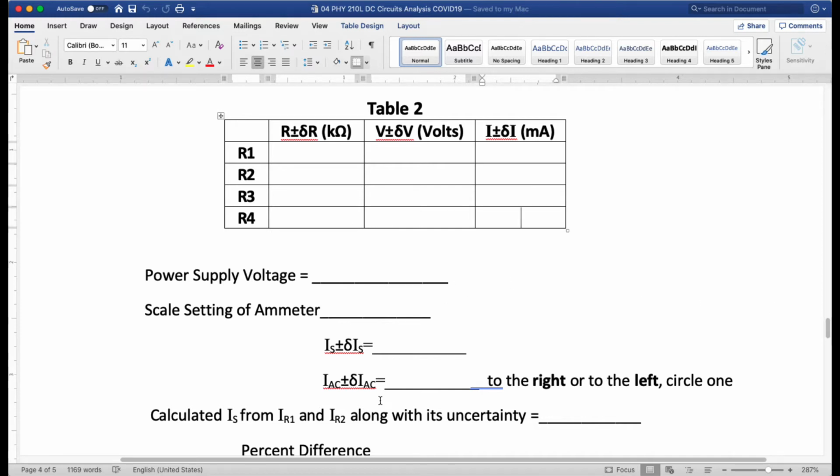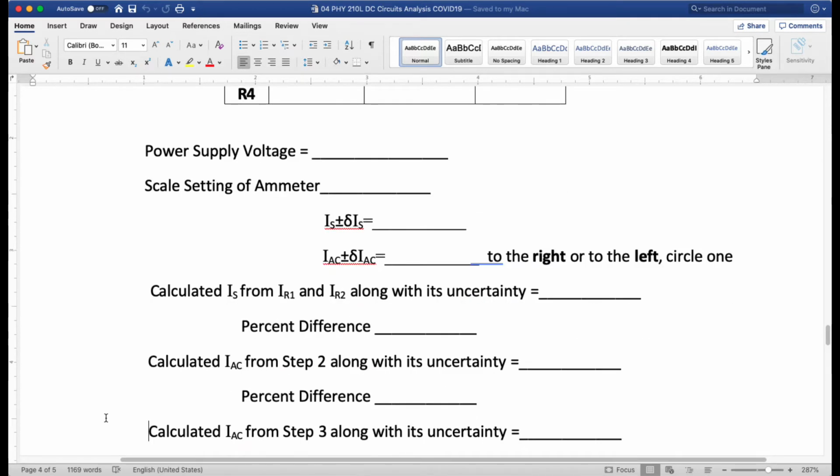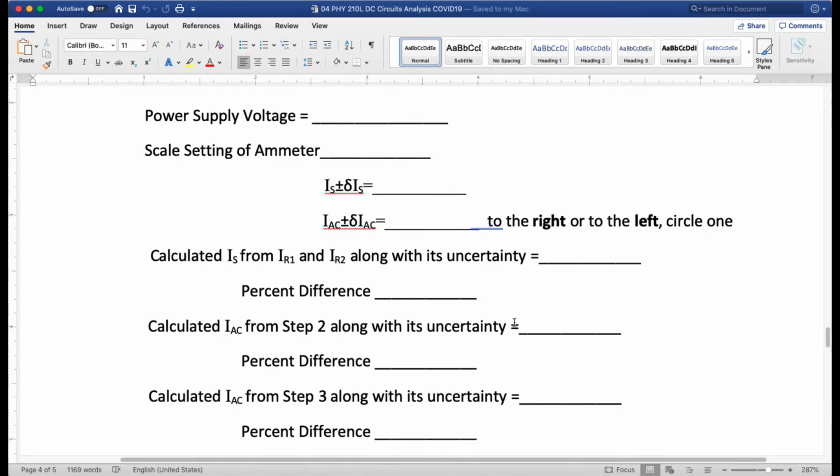And when you quote this one, I'm sorry, I did it wrong. This one's going to be calculated. So you're going to show your work here. This one is going to be determined from the multimeter.